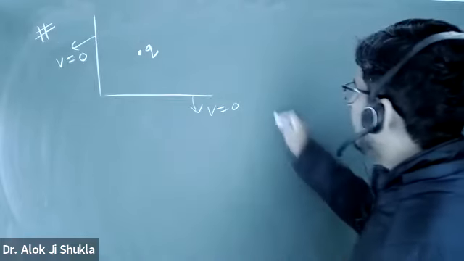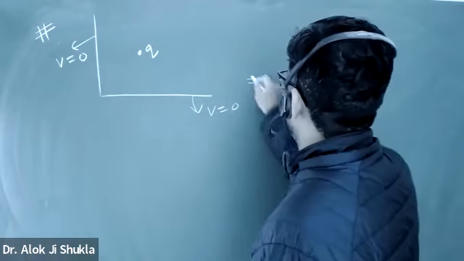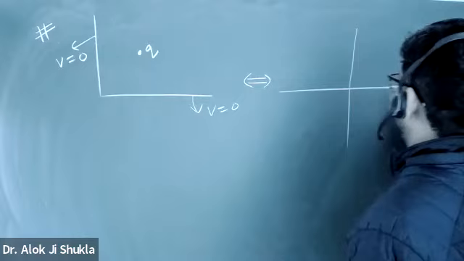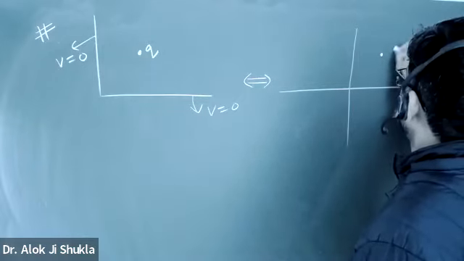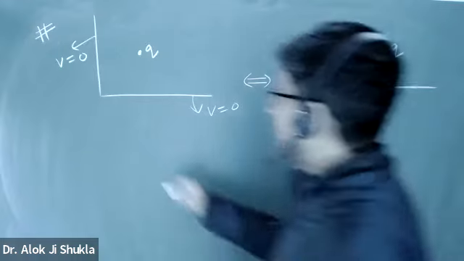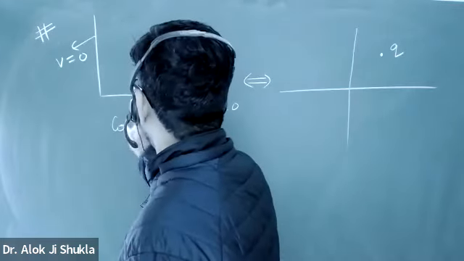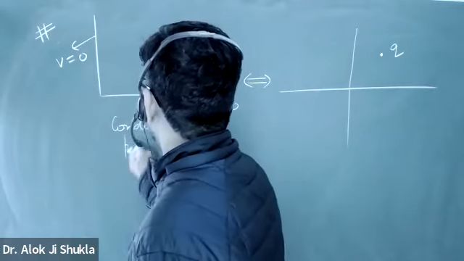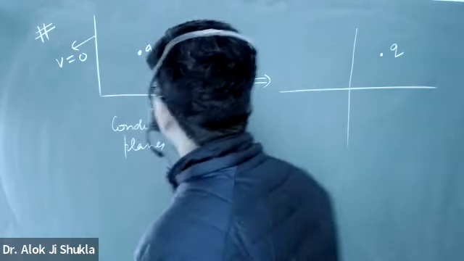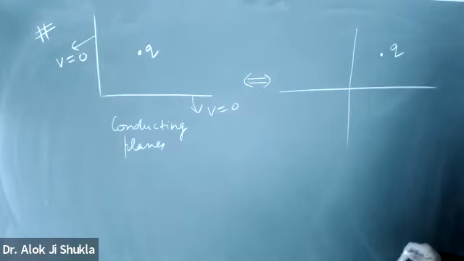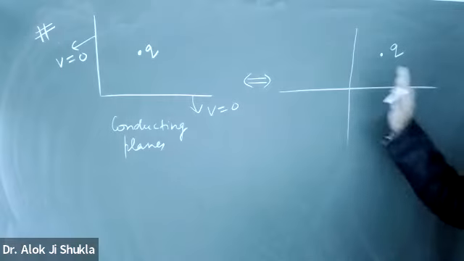So I will make an image problem of this. I will take q here, and I will remove these conducting planes. I will remove them, and I will just have the imaginary, I mean, imaginary means nothing is there.